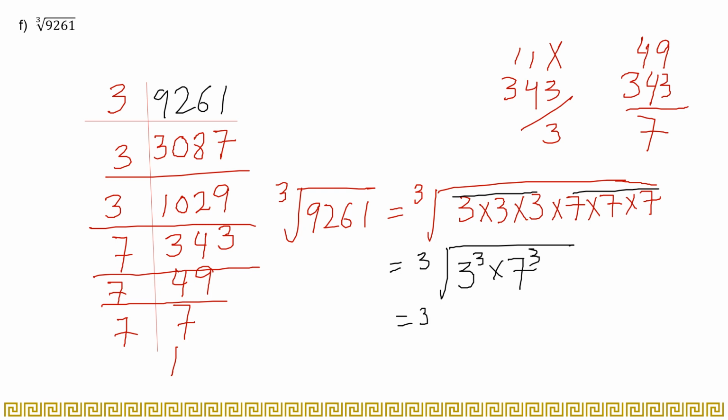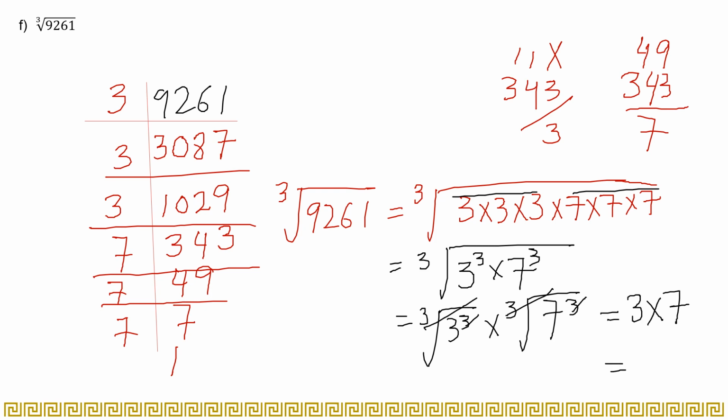Writing the root separately, cube root of 3 cube multiplied by cube root of 7 cube. Cube cancels with cube root, and you will get 3 multiplied by 7, which is equal to 21. That means the cube root of 9261 is equal to 21, which in other words means 21 multiplied by 21 multiplied by 21 is equal to 9261.